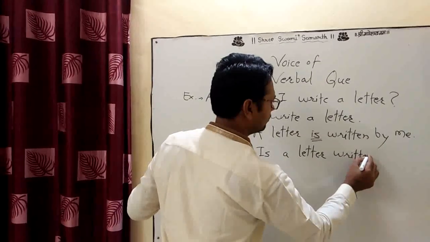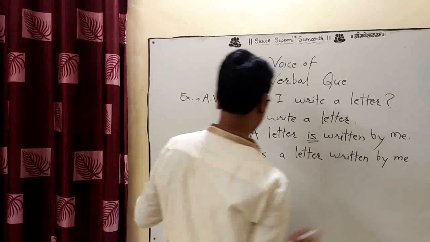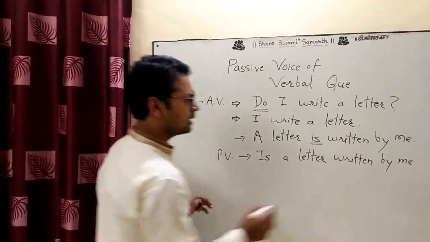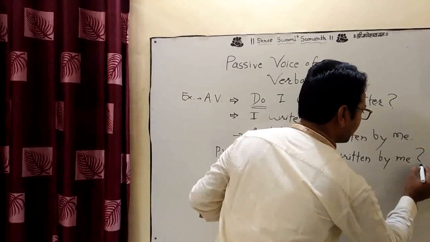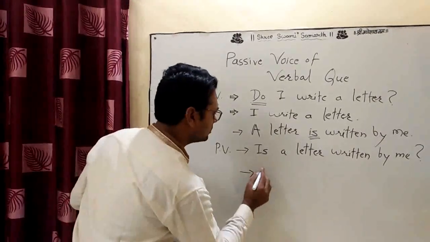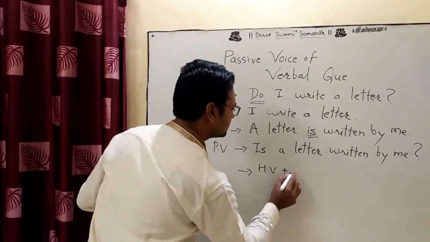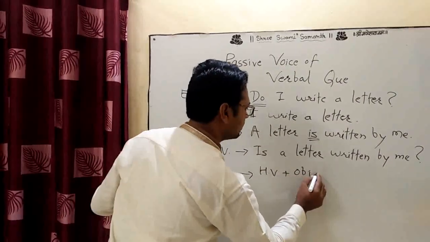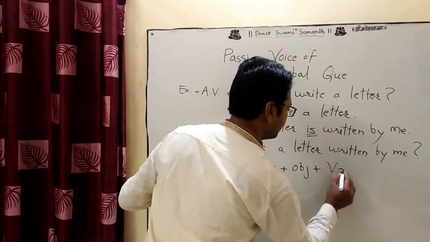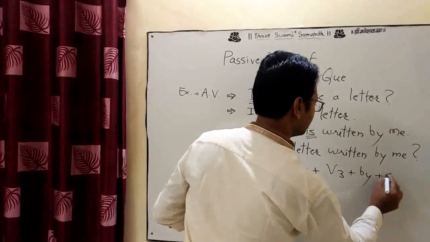Write down the verb in the third form. Then by. Then me. This is a verbal question. That's why you have to end with the question mark. Now I want to give the formula. Helping verb plus object plus V3 plus by plus subject.